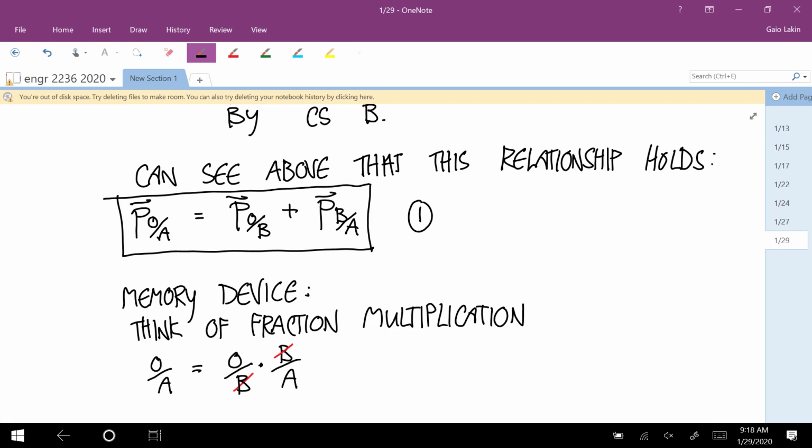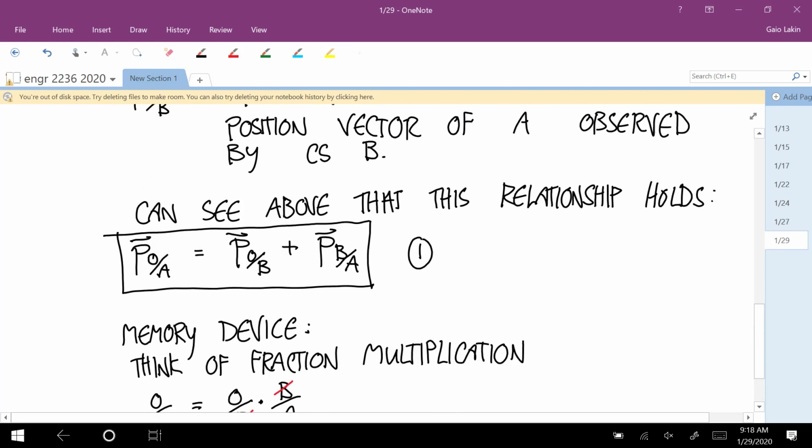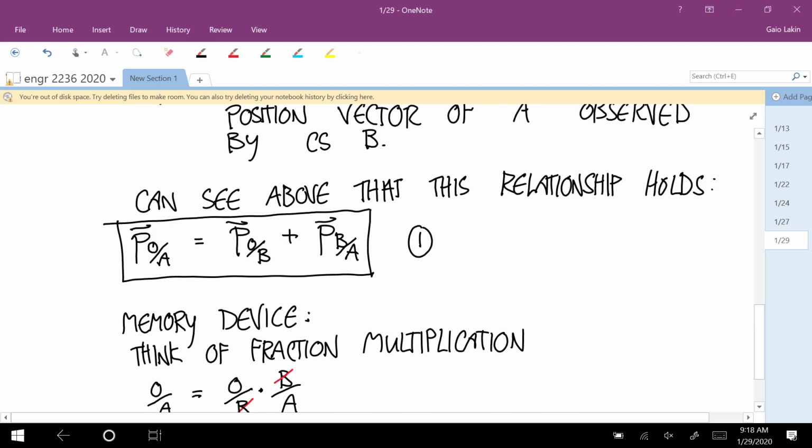Well, what do you get if you take the time derivatives of both sides of this equation? So take d/dt of both sides of 1, which you have to be able to do if this is true at every instant.